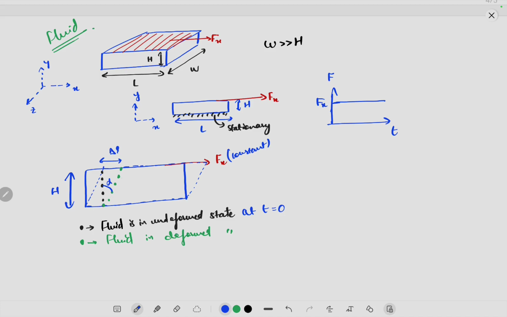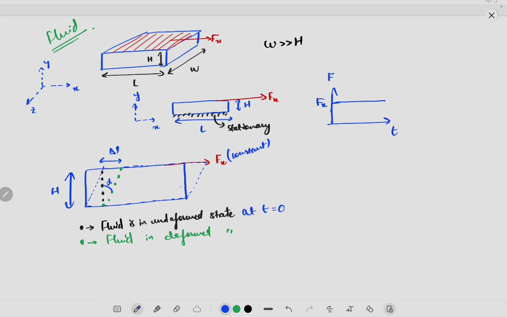Now in case of the fluids, this figure is actually incorrect. Why? Because in solids, if you apply some small force, internal stresses are developed inside the solid to resist those deformations.